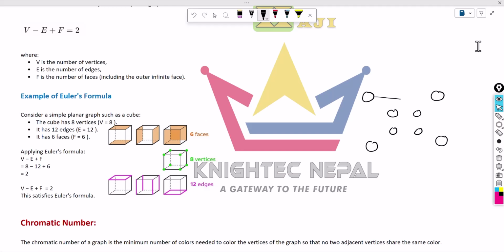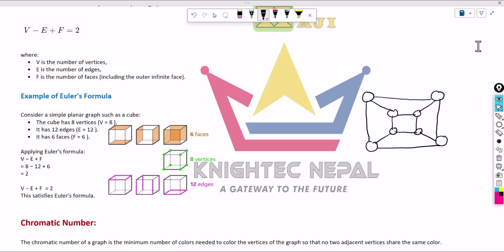They are connected with each other and drawn such that no two edges cross each other. Here none of the edges are crossing each other, so this is our planar graph.